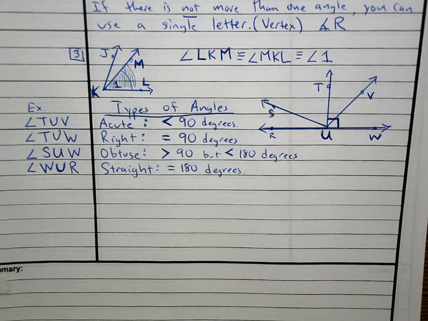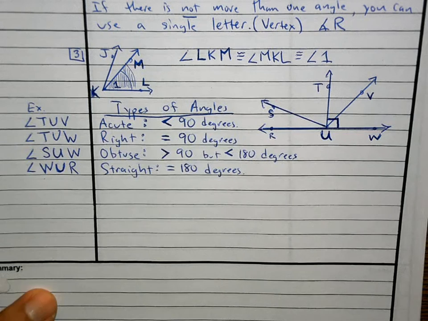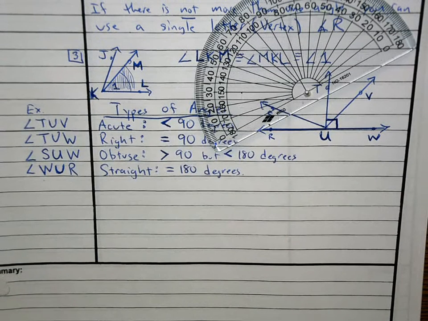If you have to use a protractor to measure something, we are going to use protractors today. This is how you measure an angle. You have to start off with one side of your angle as 0.